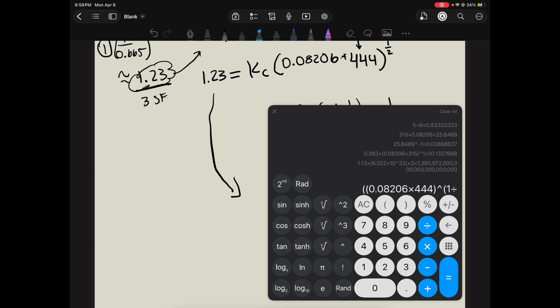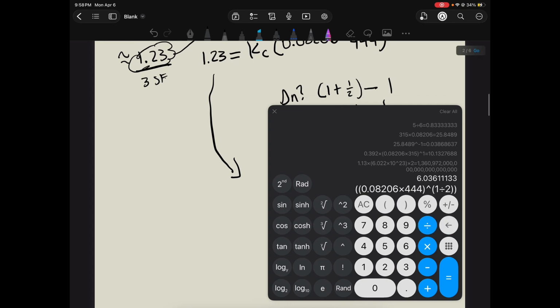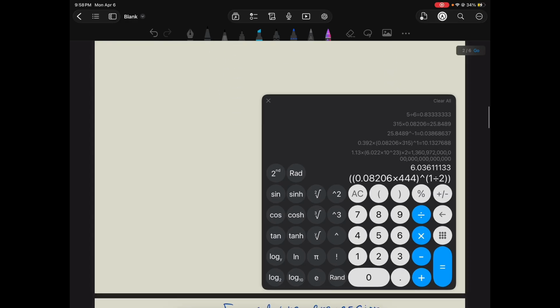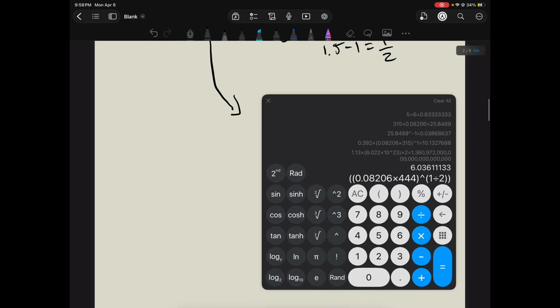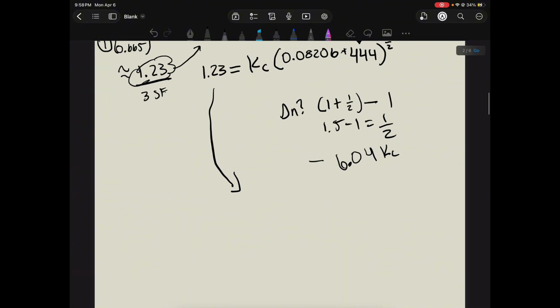This gets us a value of 6.04 Kc, and then that's equal to 1.23. And then it's again 3 sig figs because of this 444.